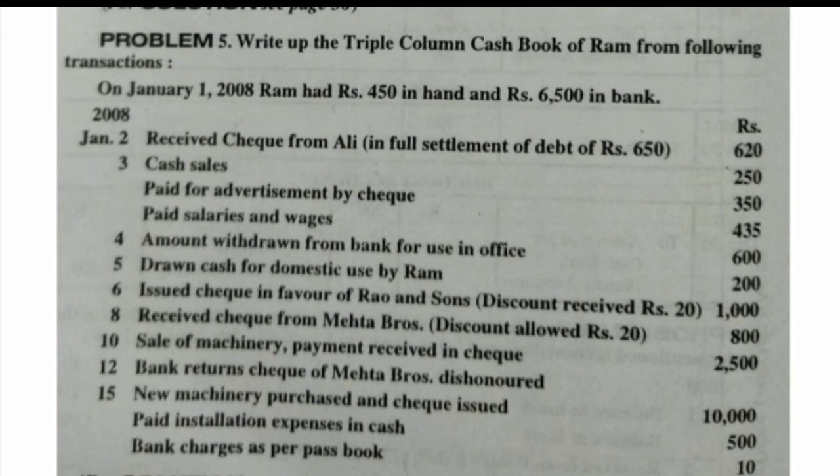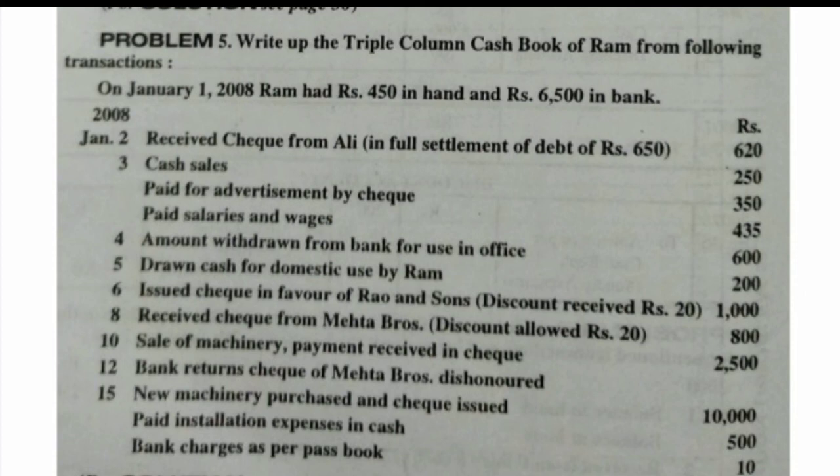Okay, bank returns check of Mehta Brothers dishonored. So on receipt of the check, the entry we recorded was bank account debit 800, discount allowed account debit 20 to Mehta Brothers 820. But on dishonor of the check, in the solution they are assuming that the check is not deposited on the same day, so they are taking the cash account on the debit side.